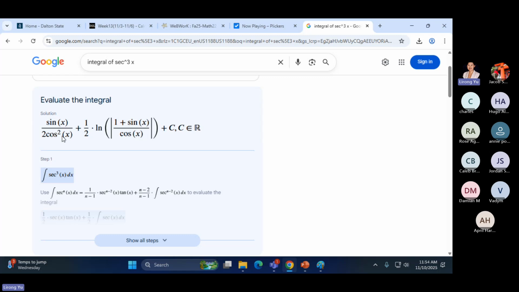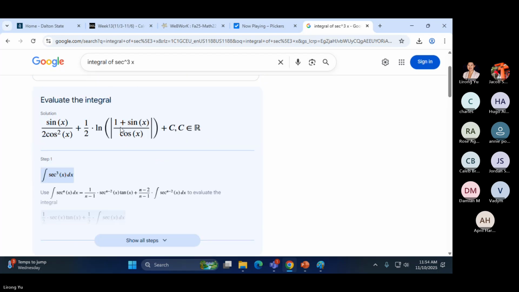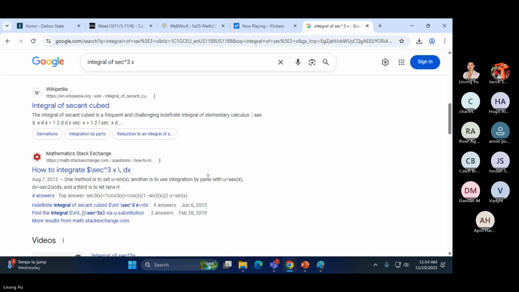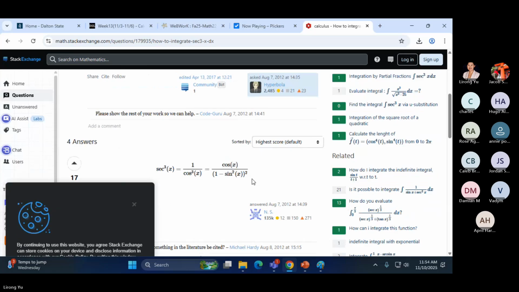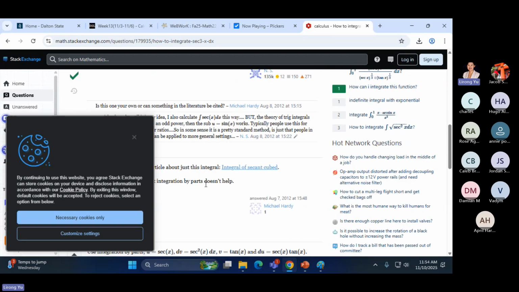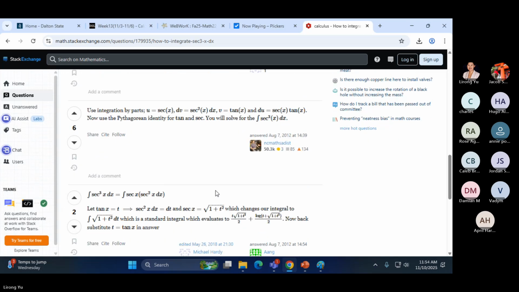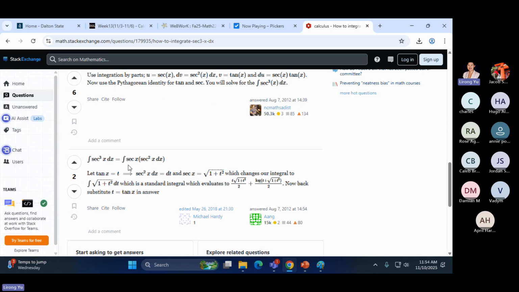That's not what I prefer. It was integration by parts.